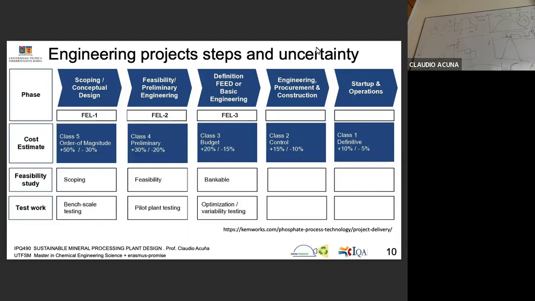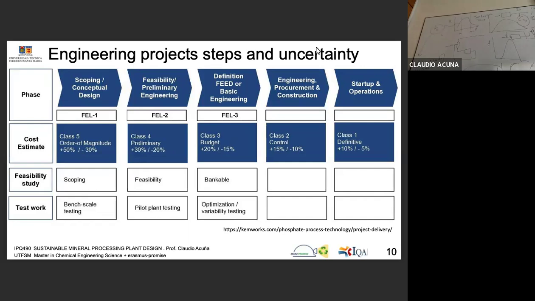Preliminary feasibility is okay. You need to know if it's a SAG mill, if it's absorption, if it's membrane. Sometimes we call it basic engineering, but it's not really basic engineering. For them, it's more advanced. Okay? And then you're reducing the uncertainty.